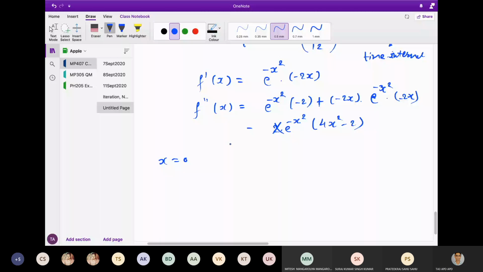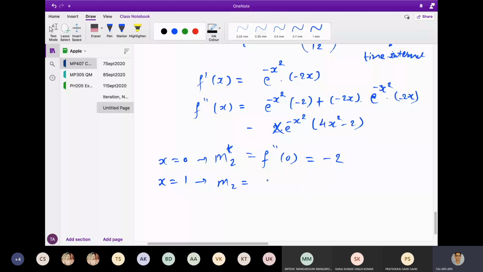Let me just write it down by some bound m2 star, which is f double prime 0. Okay, so that is going to be equal to minus 2. And for the largest value, so this is the smallest value of the time interval, this is the largest value of the time interval. So for that, I'm writing f double prime 1.